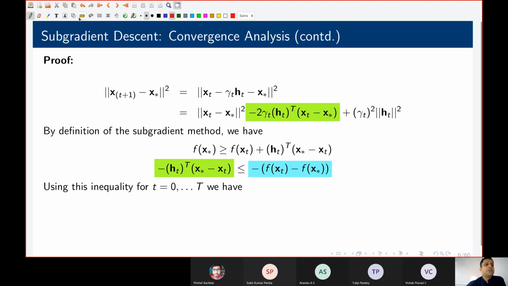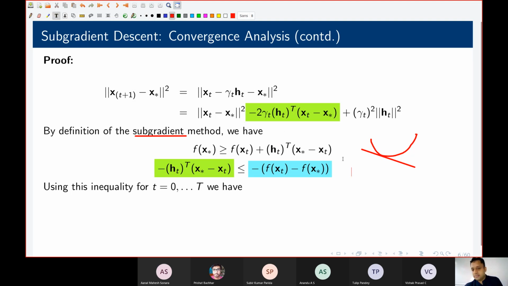Just invoke the definition of subgradient. What is a subgradient? That which lower bounds in a tight manner, or creates a supporting hyperplane, in other words, to the epigraph.